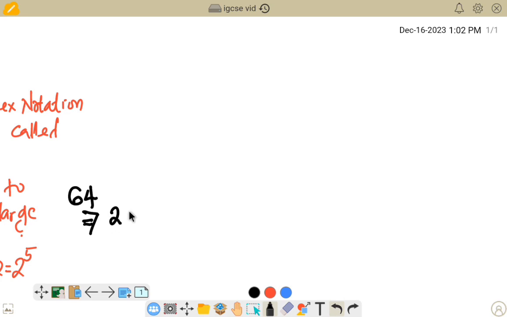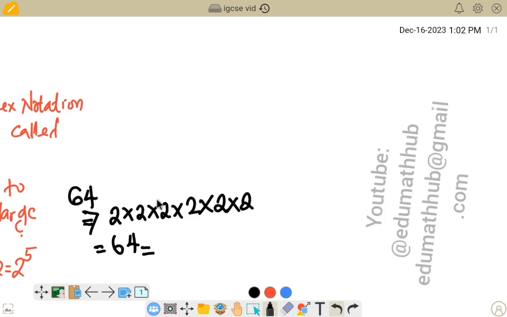That will be 2 times 2 times 2 times 2. 2 times 2 is 4, 4 times 2 is 8, 8 times 2 is 16, then 16 times 2 is 32, then times another 2 gives you 64. In exponential form, just count how many 2's are here: 1, 2, 3, 4, 5, 6. So 64 is 2 raised to the power 6.